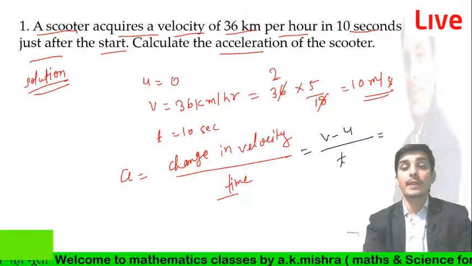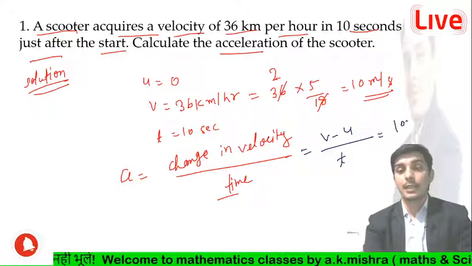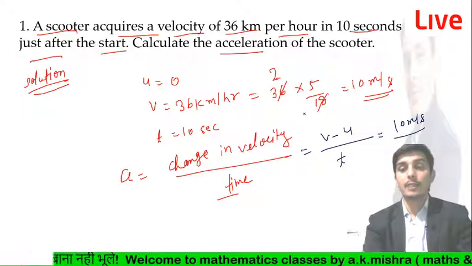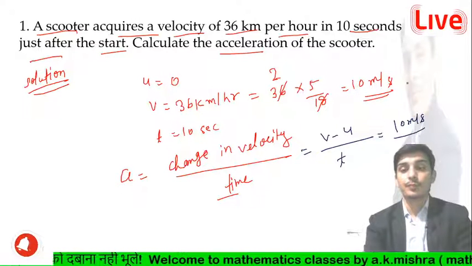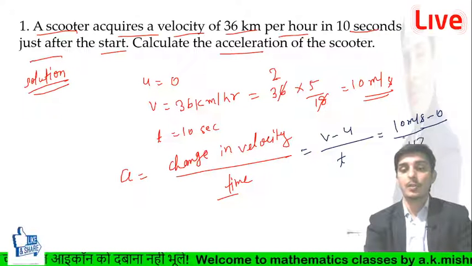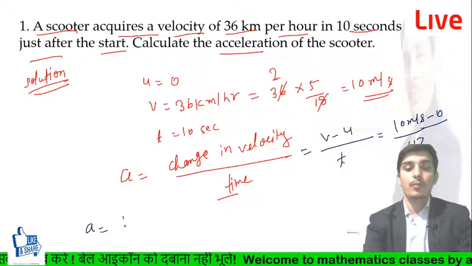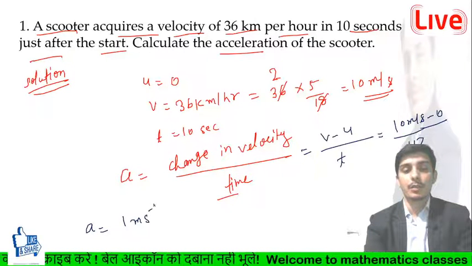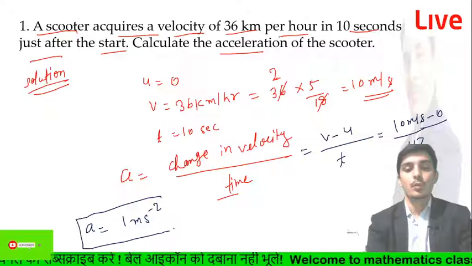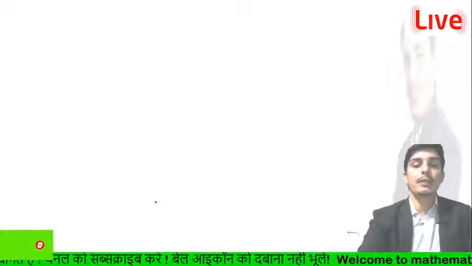Final velocity is 10 meter per second and initial velocity is 0, and the time is 10 seconds. After dividing we will get acceleration equal to 1 meter per second square. I hope you are getting it very well.